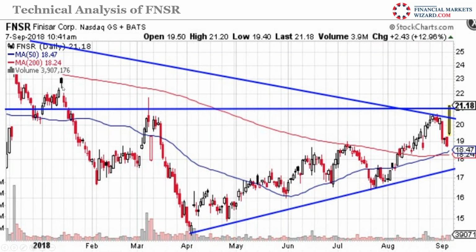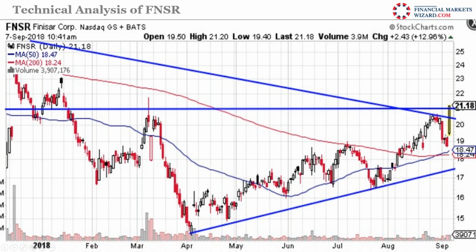FNSR, I felt very good about it on Friday. Look, when I saw this, it broke the long-term resistance here at 21. This chart was taken at 10:41 a.m. So I felt very good about it.